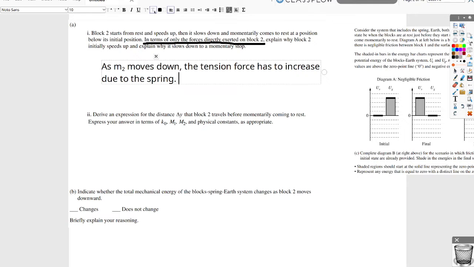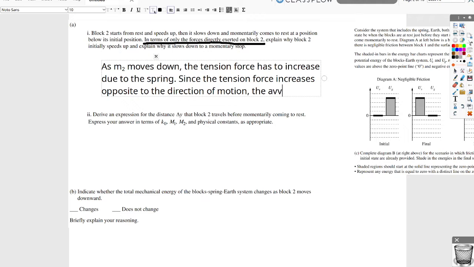And then since the tension force increases opposite to the direction of motion, the velocity, not the acceleration, the velocity must be decreasing to 0.